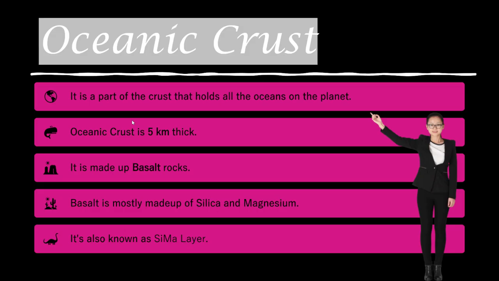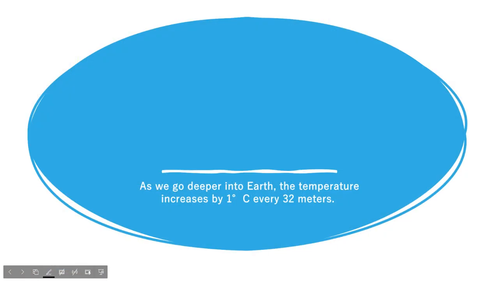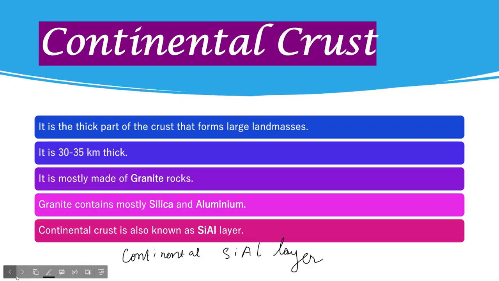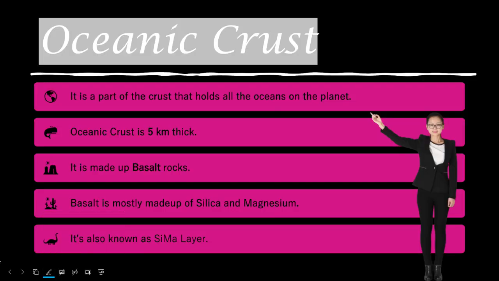Now the oceanic crust is the part of earth that holds all the oceans on our planet. Oceanic crust is 5 kilometers thick.